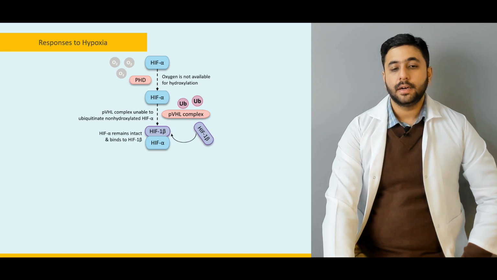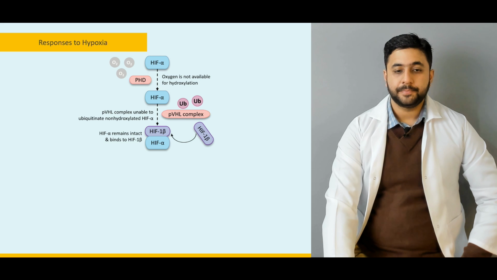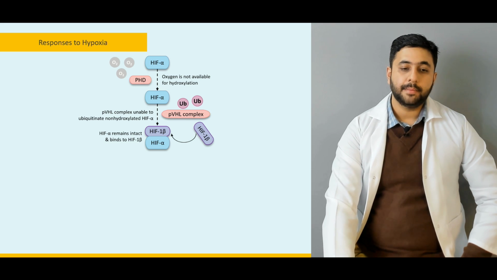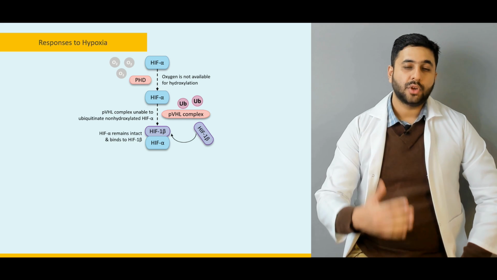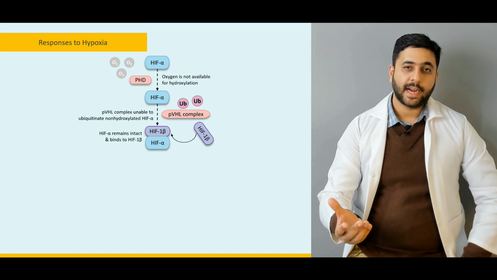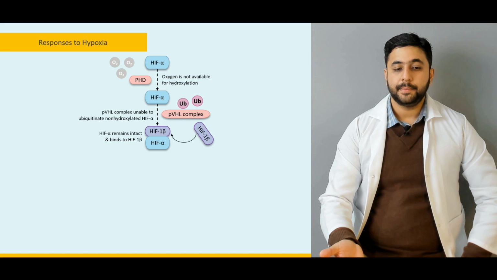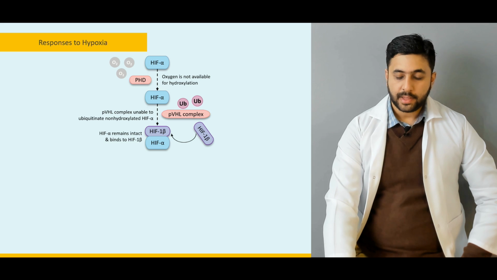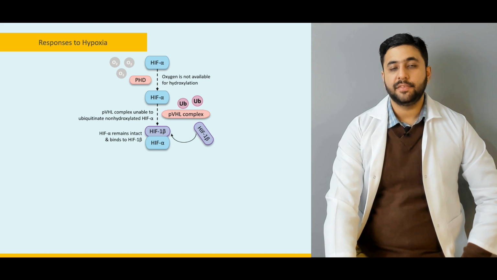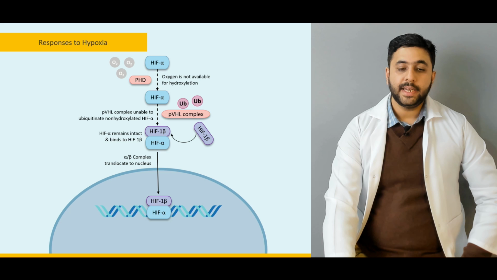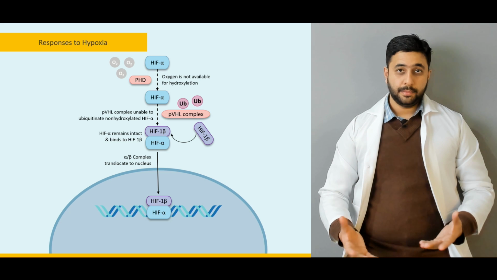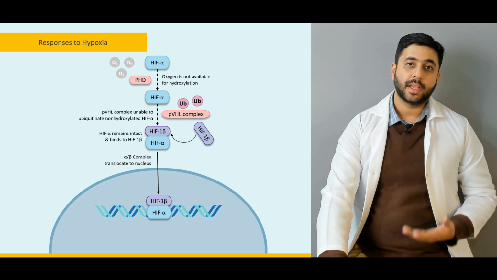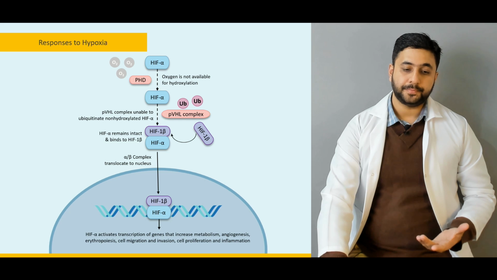When it is not hydroxylated, the VHL complex is unable to ubiquitinate the non-hydroxylated HIF alpha. It is not tagged for destruction, so it remains intact, and it can also bind to HIF-1 beta. This combination of HIF alpha and beta eventually leads to the upregulation of various anti-hypoxia factor proteins.